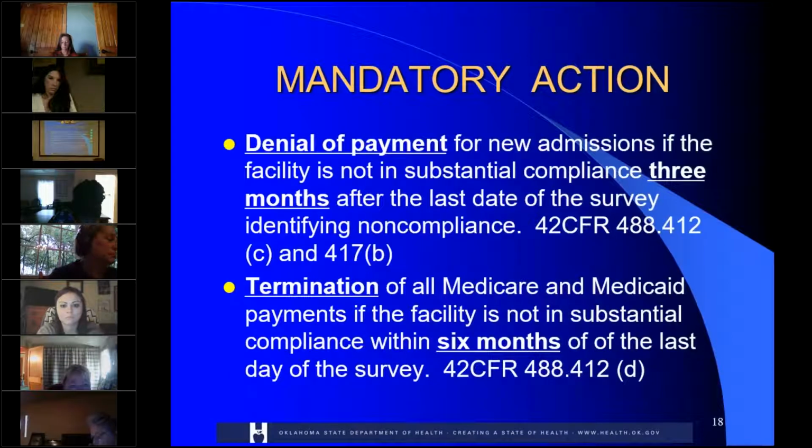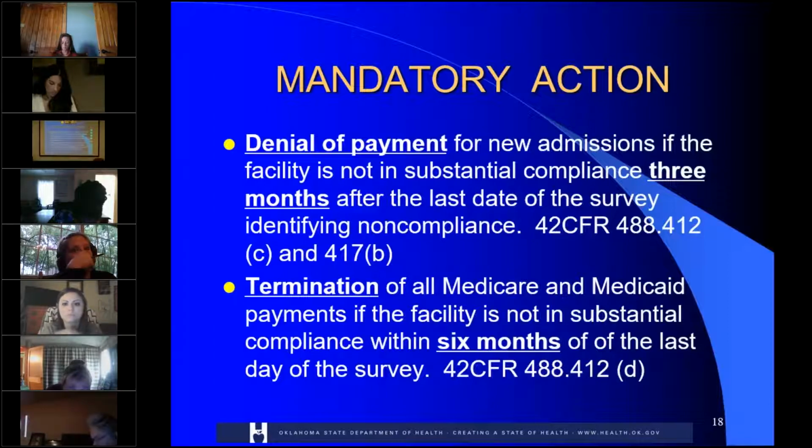Okay, mandatory action. Denial of payment for new admissions if the facility is not in substantial compliance 3 months after the last date of the survey identifying non-compliance. Every time you're not in compliance, these are mandatory actions. So you're going to receive a DP&A date.